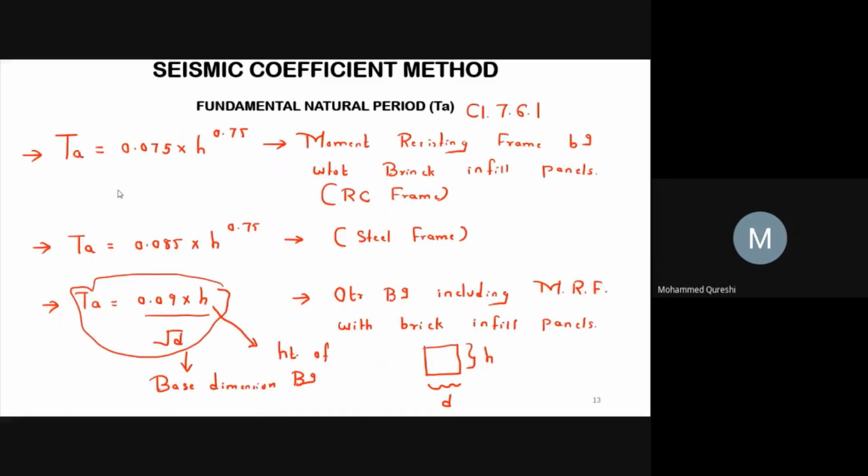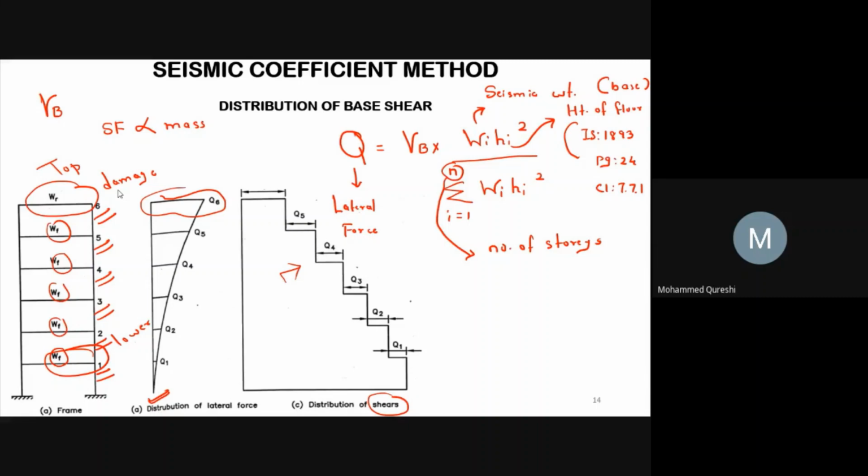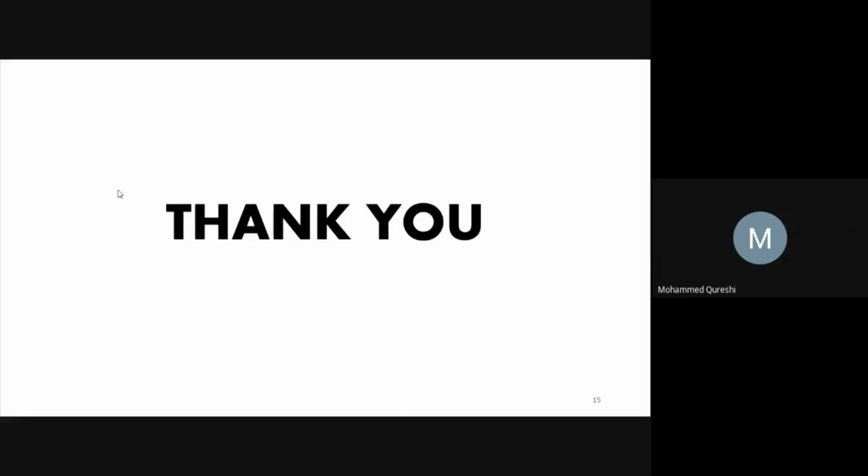And the fundamental natural period has three different values for RC frame, steel frame, and frames with brick infill panels. And lastly, you have to draw this figure and distribute the lateral forces as well as shear from top to bottom of the building. Thank you.